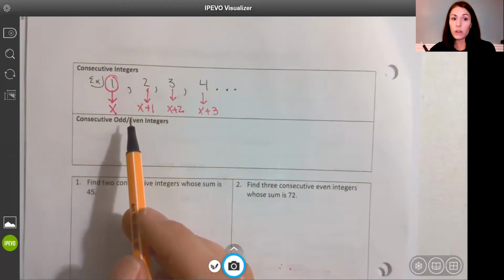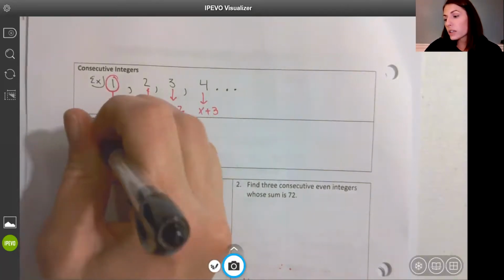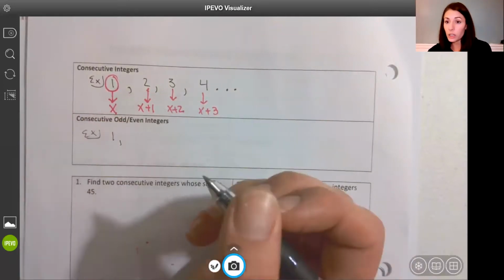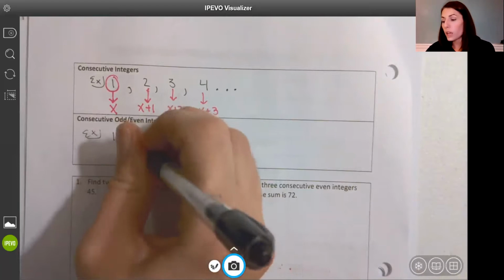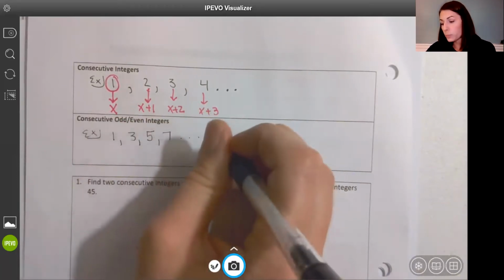Same idea with consecutive odd or even integers, but now you're only counting the odds or the evens. So again, if I had started at 1, the next consecutive odd integer, because 1 is an odd number, would be 3. And then the next consecutive would be 5, and then 7, and so on.